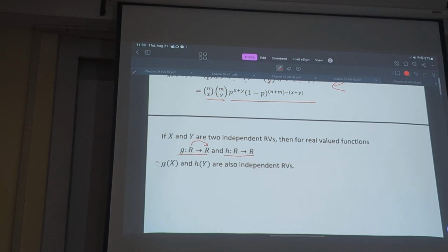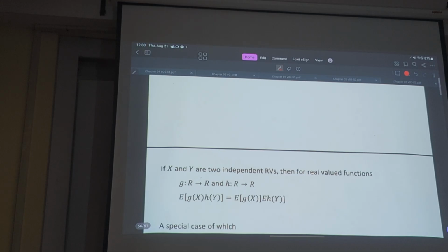We can consider W and Z. If x and y are independent, then two random variables derived from x and y will also be independent, because W depends on x and Z depends on y. So if x and y are independent, then W and Z will be independent as well.